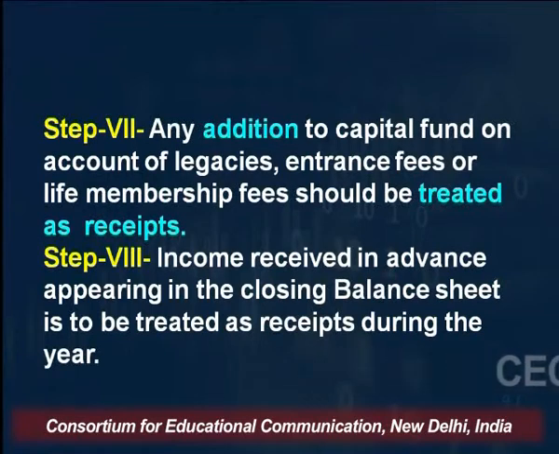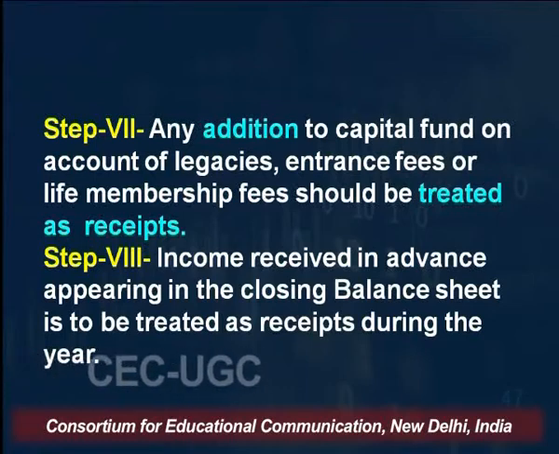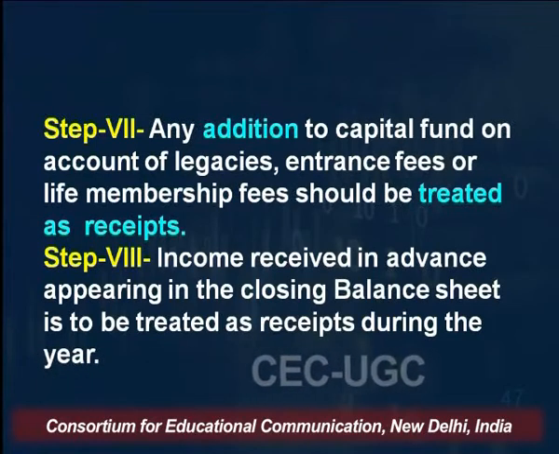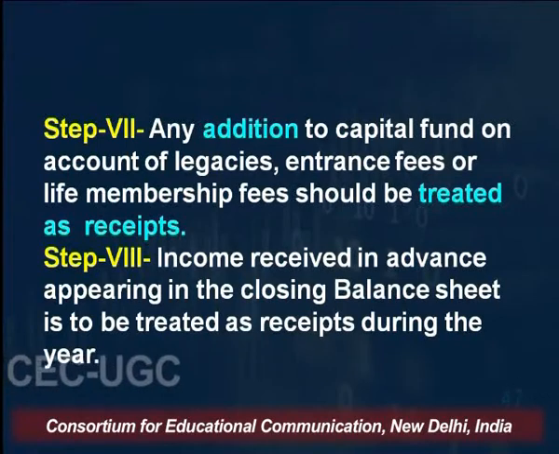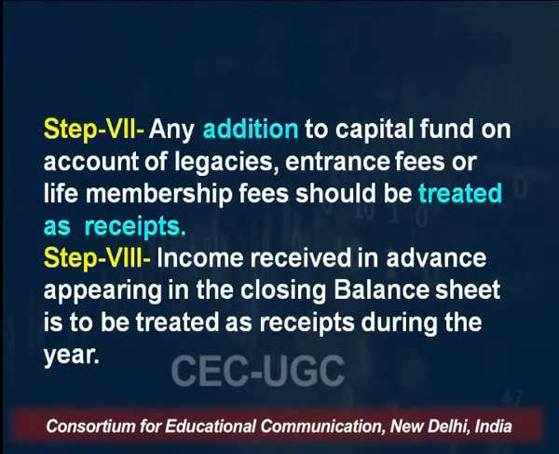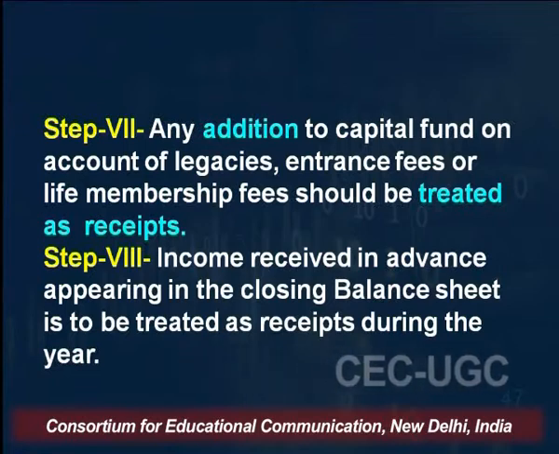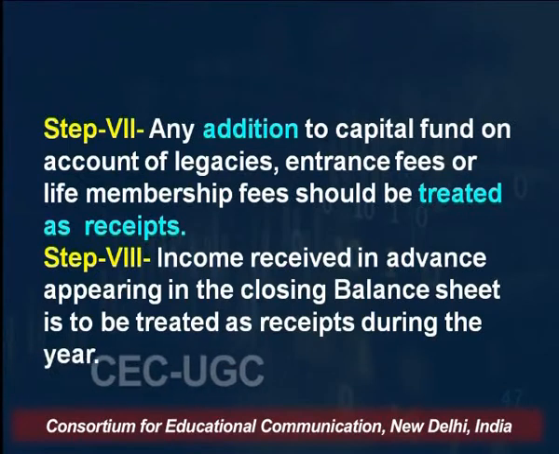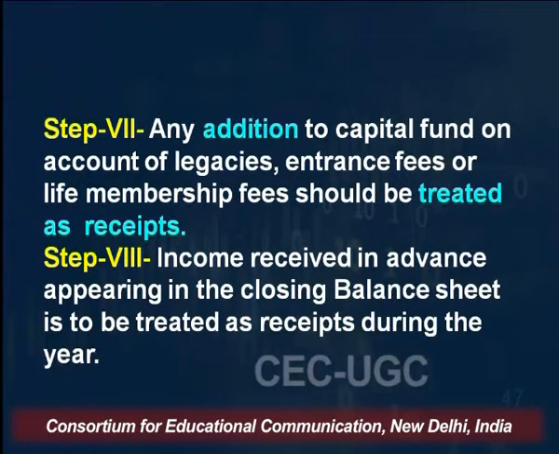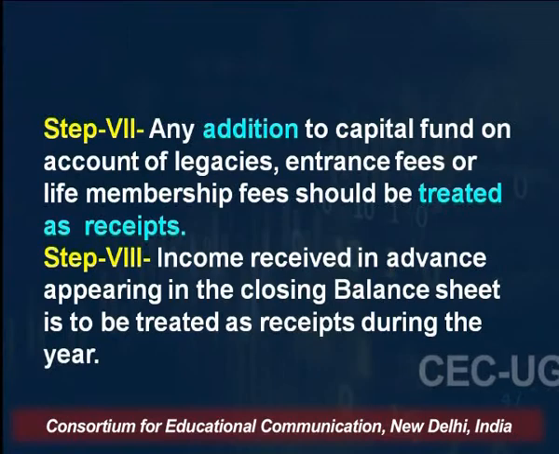Income received in advance appearing in the closing balance sheet is to be treated as receipts during the year. If there is any income which is received in advance, that means any income which belongs to the next year but is received this year, that has to be shown on the receipt side of the receipt and payment account, because the receipt and payment account records all types of receipts, whether they belong to the current year, the previous year, or the next year.